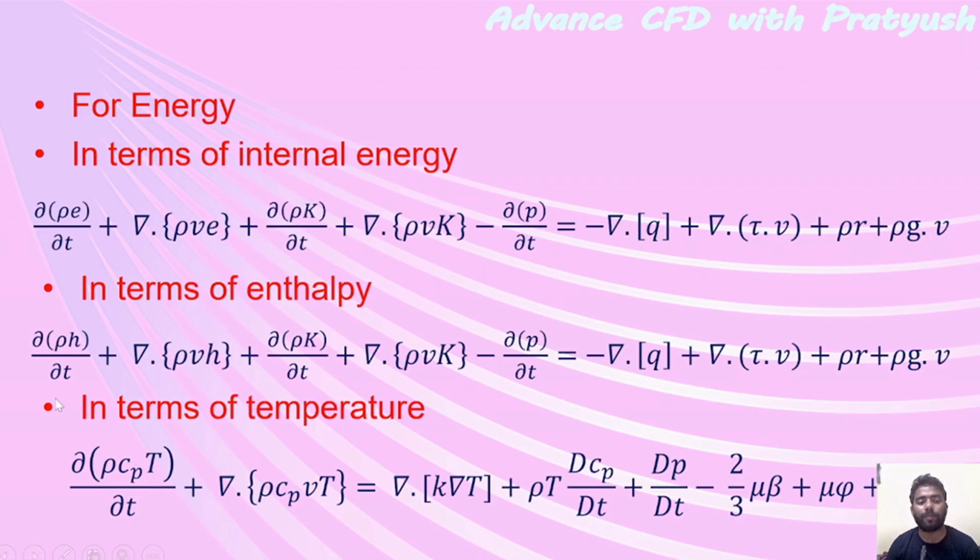Remember, in OpenFOAM you can choose the internal energy or enthalpy form by yourself. There are different thermophysical models present in OpenFOAM, and out of those you can choose what kind of energy you want to solve.